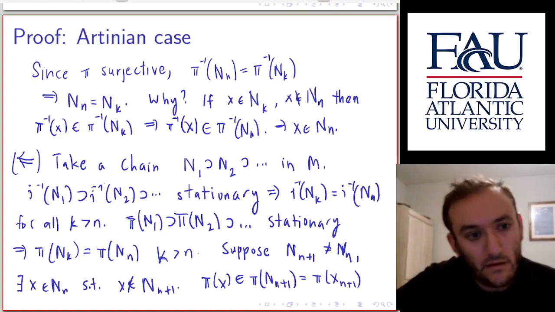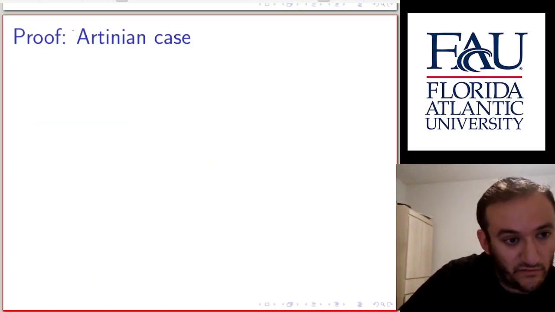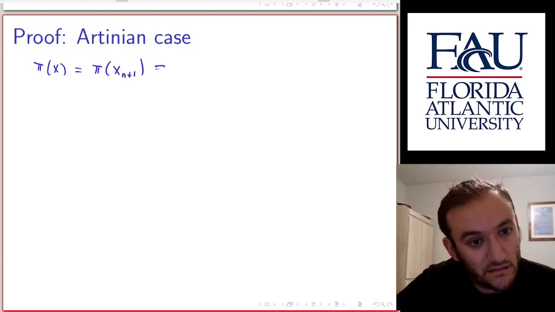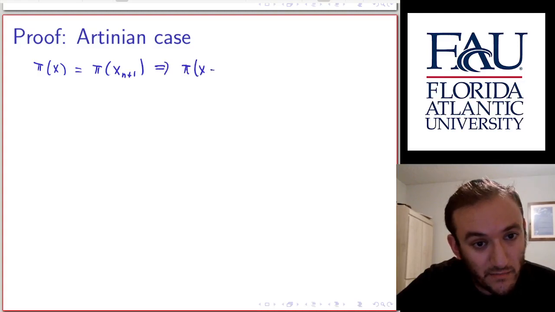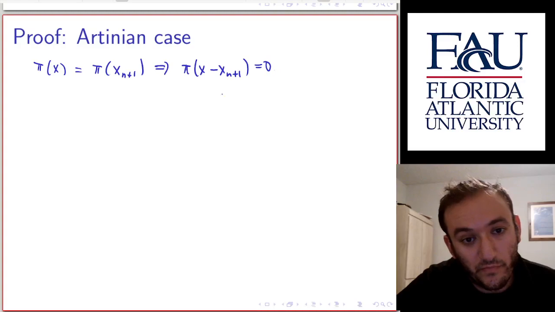Okay. But if pi of x equals pi of x_{n+1}, that means that pi of x minus x_{n+1} is equal to 0.